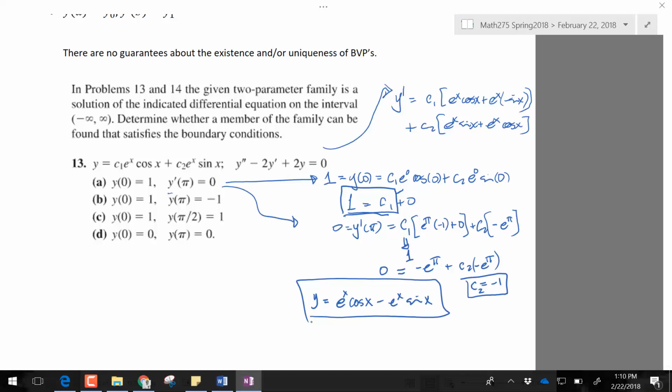C2 is positive 1? Do we want to agree it's positive 1? I mean, I might have done something wrong here. It's just a sign, like a plus versus a minus.